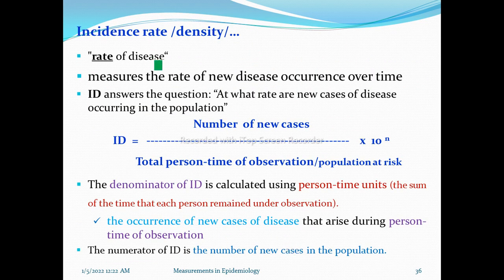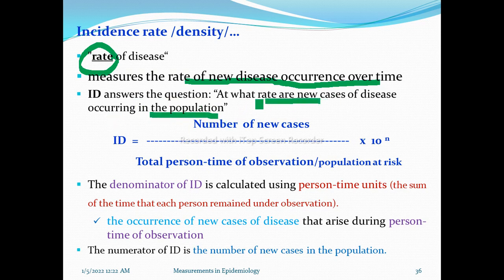Incidence rate or incidence density measures the rate of new disease occurrence over time. It answers the question: at what rate are new cases of disease occurring in the population?